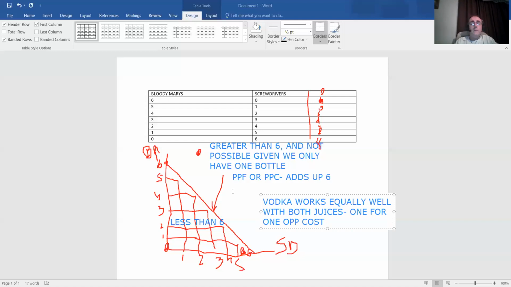So if we go back to these numbers, for example, to get one extra screwdriver means only giving up one Bloody Mary. So it's like we're going down in steps. We're comparing the rate of change from where we are versus where we were before.